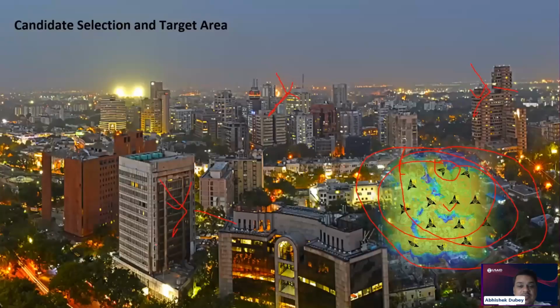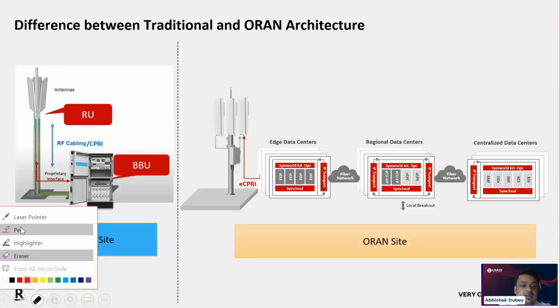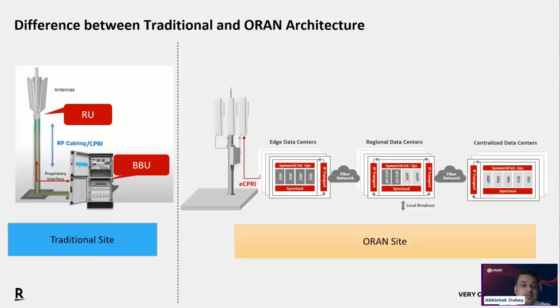if I show you again this picture, this site again, yeah. Please remember this image while I was speaking on that slide, and also this picture. So this is your traditional RAN where everything you are going to deploy on site, and this is the ORAN side. So what is the virtualization here?